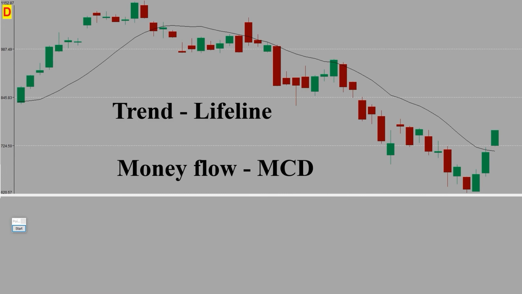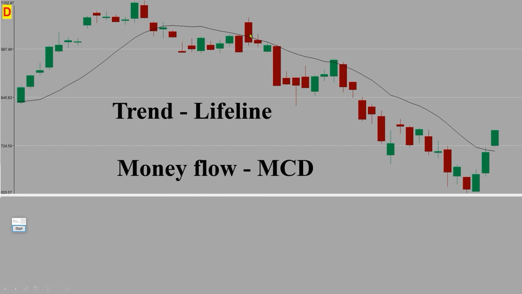This lifeline can tell us whether currently the stock has life or not. So here you see, if the lifeline turns down, in this period does the stock have life or not? So obviously, no life. As the lifeline turns down, this lifeline will act as resistance.